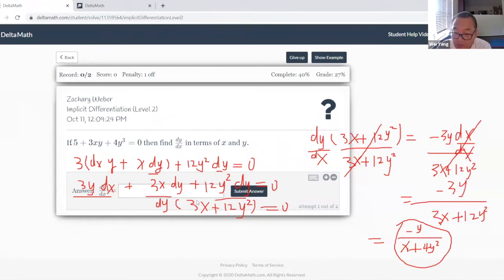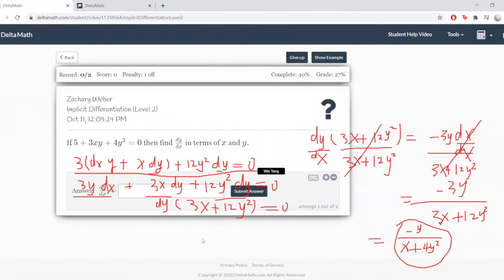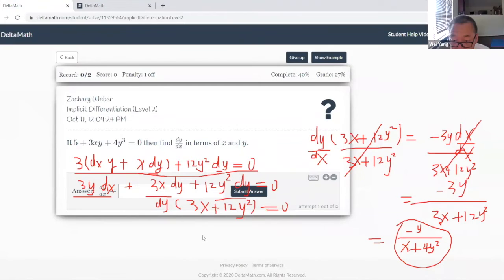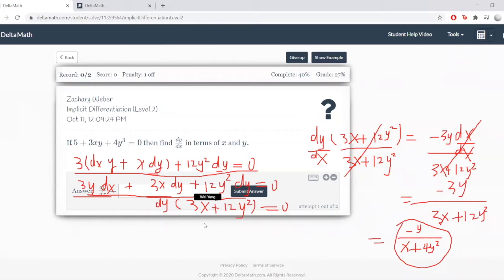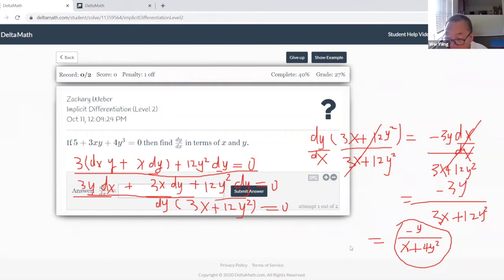Okay, you can see step by step. This one, first one, do you understand? Yes, I understand. Okay, then expand it right to this. I just distribute this 3 to these 2 terms. Yes, I understand. I don't understand going from the third step to the fourth step. Okay, so from here, these 2 terms, we have a common factor dy, right? I just take this dy out.